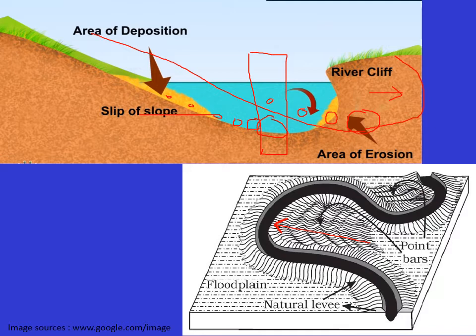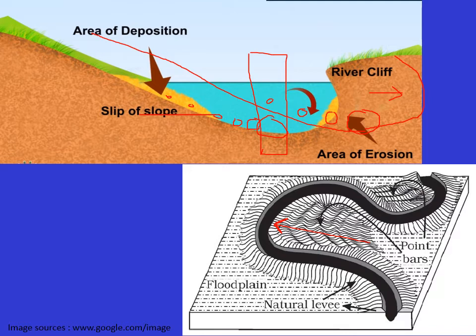So in point bar deposits, generally we see a fining of grain size up through the deposit. Within the point bar deposit, as we move from bottom to top, grain size is gradually decreasing. We call it a fining upward sequence.